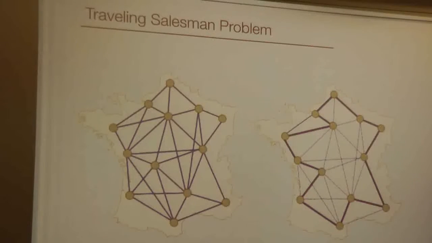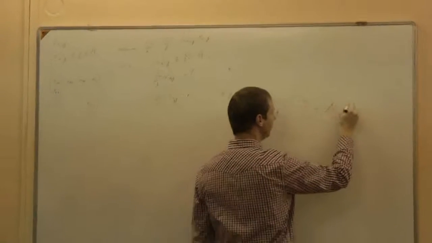And actually, this is one of the most generally difficult optimization problems in the world. And maybe you have heard about the question to which nobody knows the answer, and the question is whether P is equal to NP.